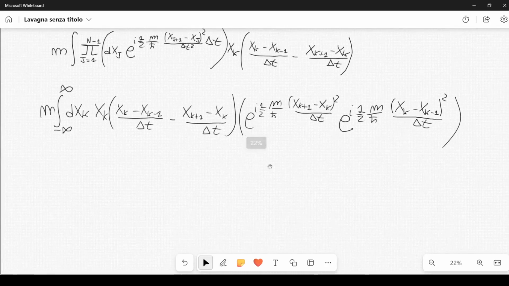But this integral can be performed. In particular, now we are going to rewrite it, and you can check quite easily, this is just simple calculus.